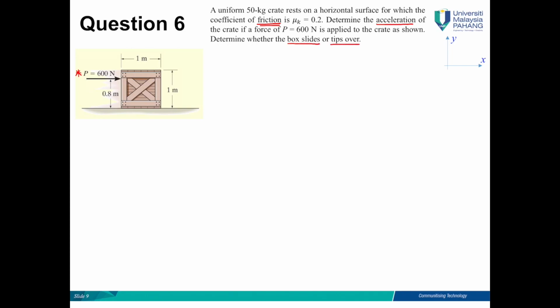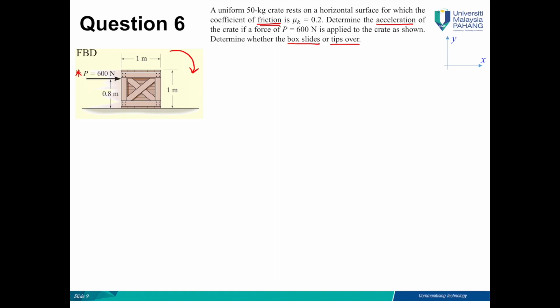Tips over means the box will be rotating like that. If you can imagine, if the force applied is too large, the box will not slide, but instead it will tip over. It will be rotating. Okay, so this is what we are going to determine.